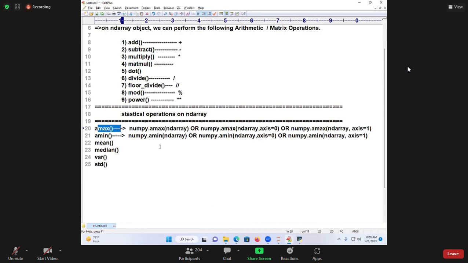Now, coming to the mean. What do you mean by mean, students? To find the mean of an ND array is nothing but the average. So I'm going to write mean of ND array, axis is equal to 0 and axis is equal to 1.